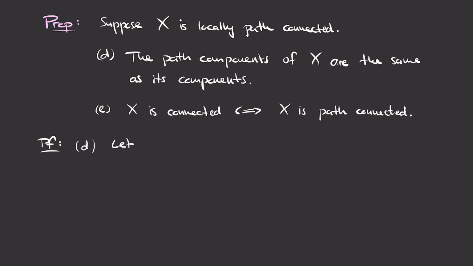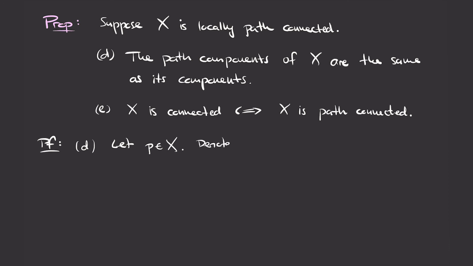Okay, so to prove this, we take some arbitrary point P in our locally path-connected space X. Now we know that X is both partitioned into components and also into path components. So this means in particular that P will be contained in some unique component and also in some unique path component.